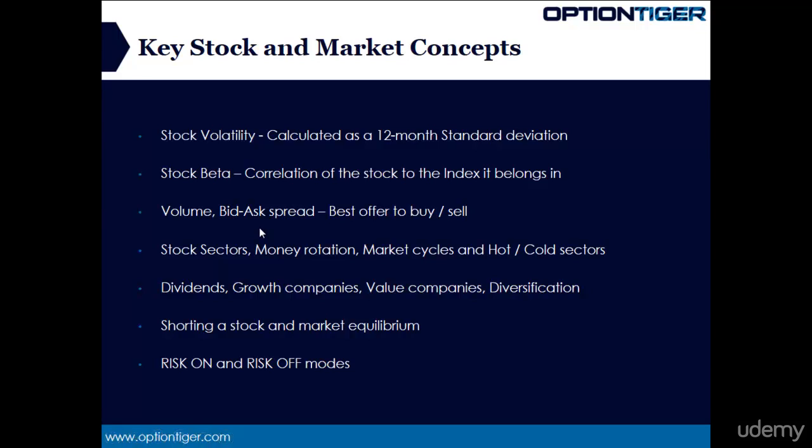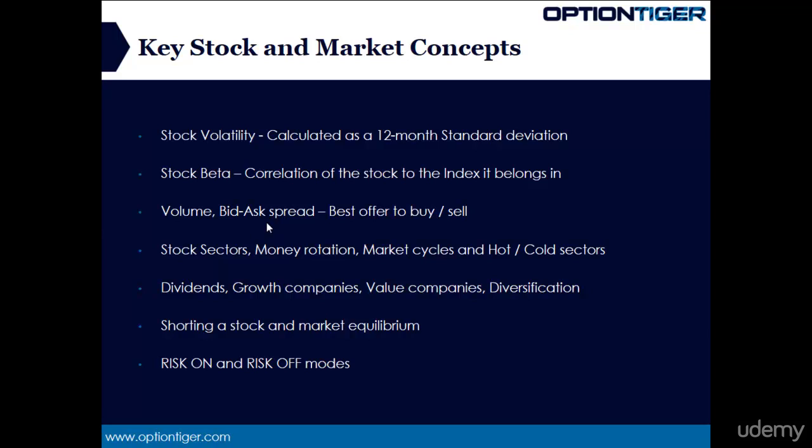If a stock is very liquid, then your bid-ask spread is going to be fairly tight. But if you have an illiquid stock, then the bid-ask spread is going to be a lot wider. And of course, volume is important, because the more volume there is on a stock, the tighter the bid-ask spread will be, and therefore you won't have to spend too much on slippage on getting in and getting out of positions.